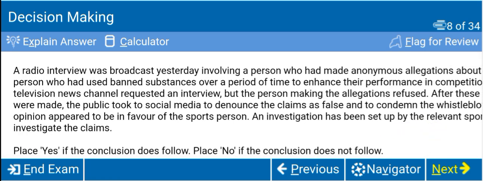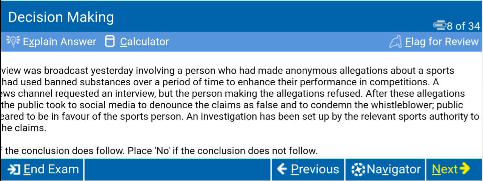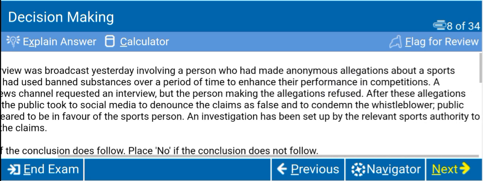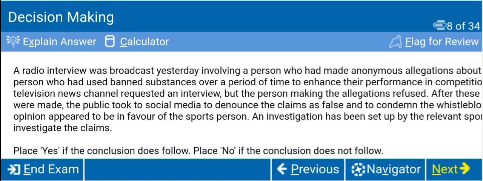After these allegations were made, the public took to social media to denounce the claims as false and to condemn the whistleblower. Public opinion appeared to be in favor of the sports person. An investigation has been set up by the relevant sports authority to investigate the claims.